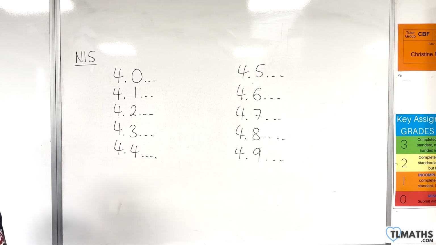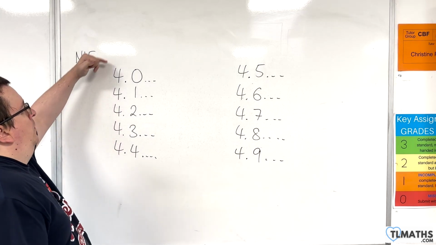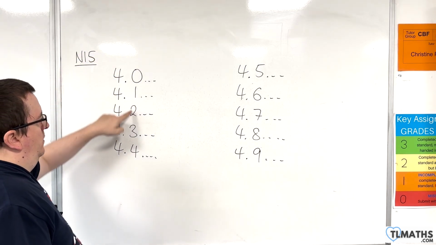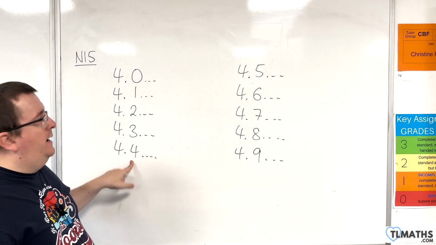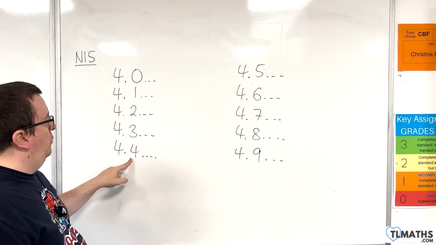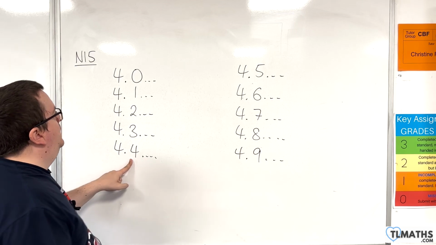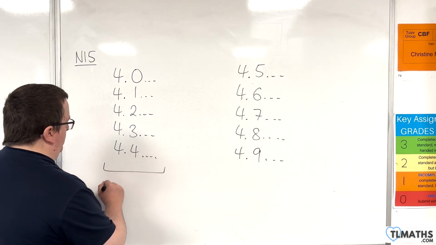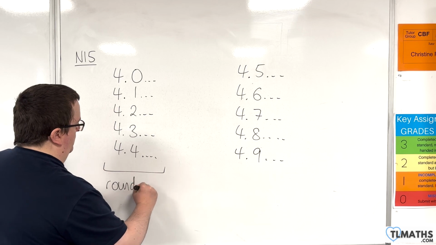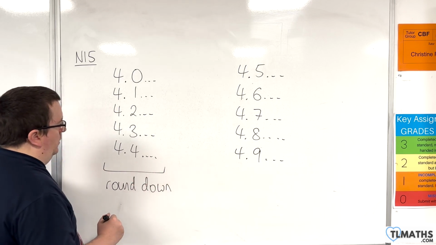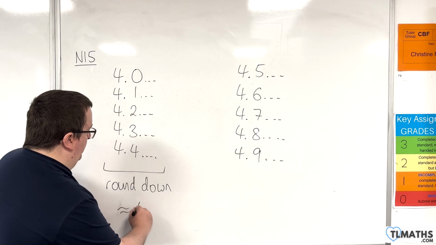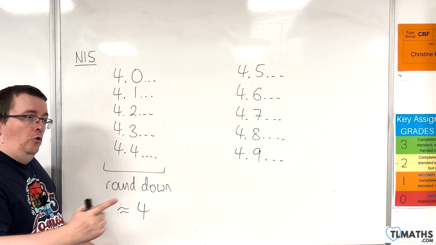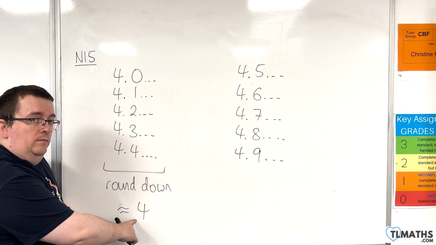Okay? If the first number to the right of the decimal point is from 0 to 4, inclusive, then we round down. So all of these would be 4 to the nearest whole number, okay?